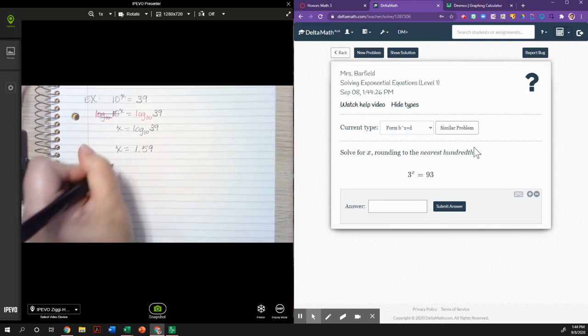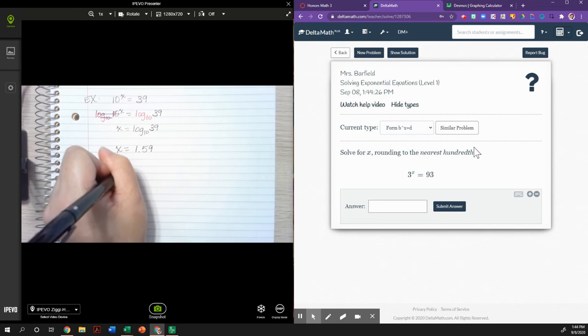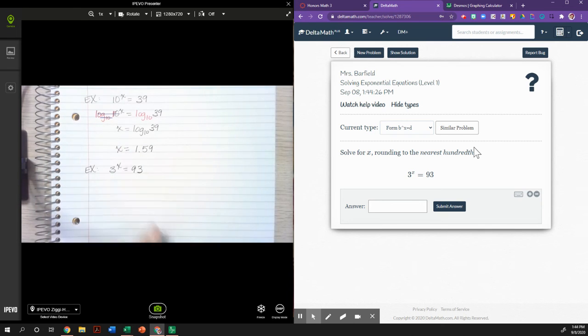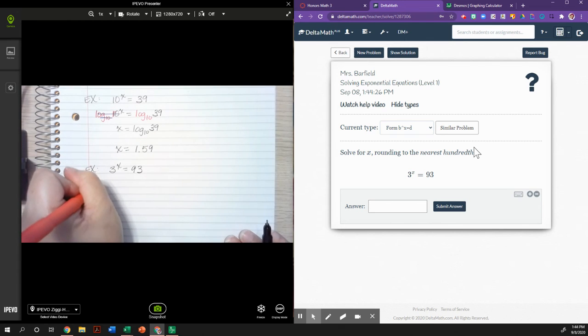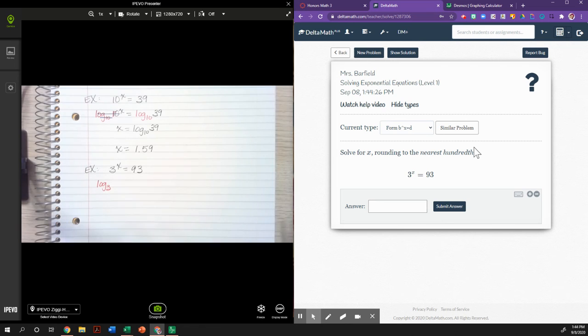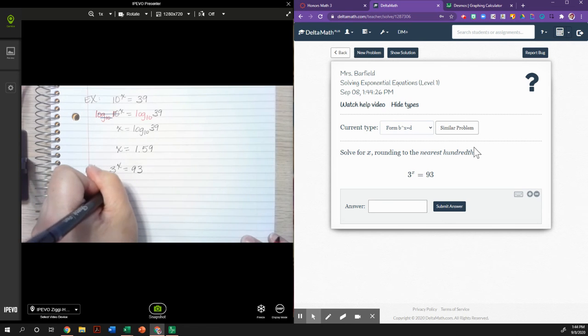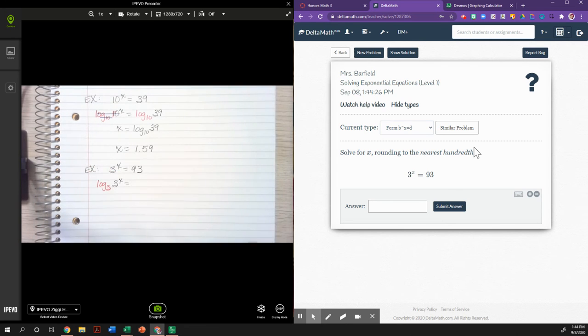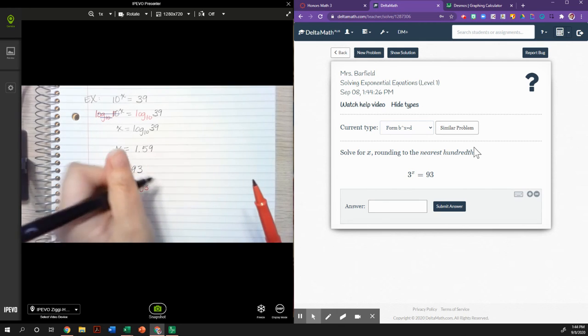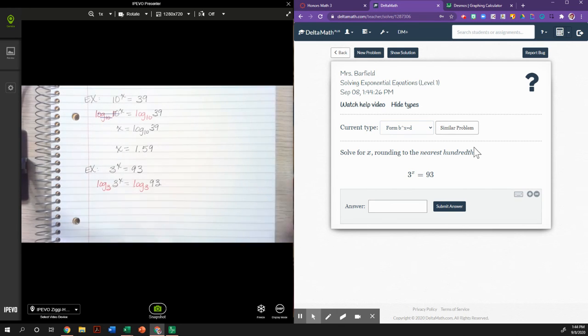All right, so 3 to the x equals 93. I'm going to take the log. I'm going to use base 3. 3 to the x equals log base 3 of 93. Okay. So now this cancels out.